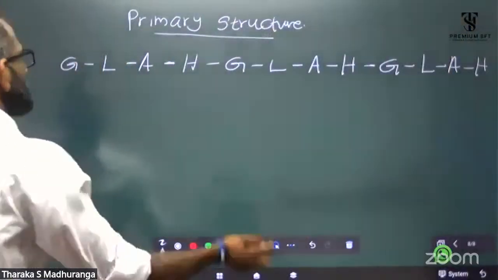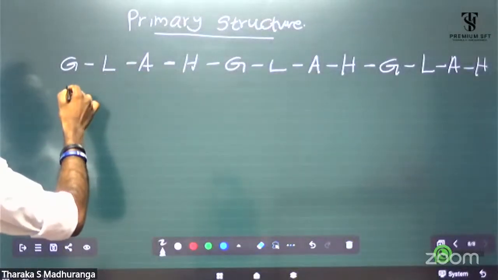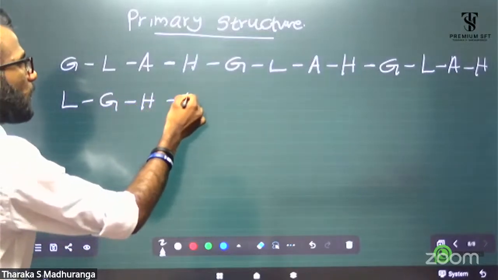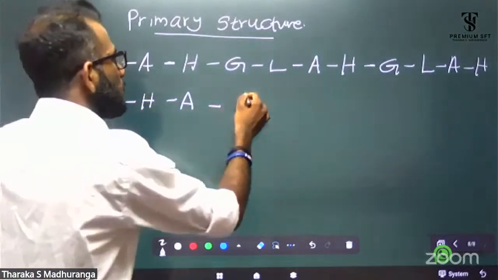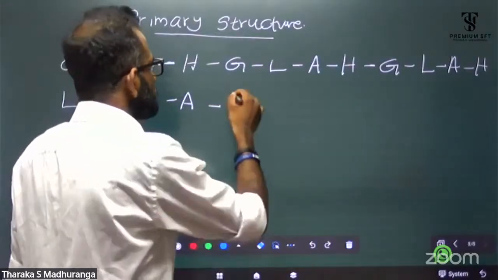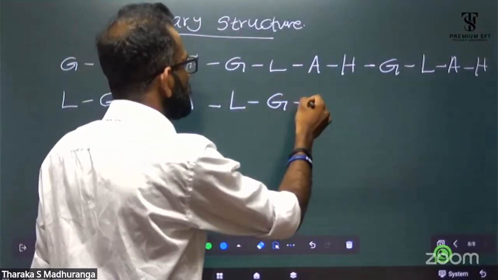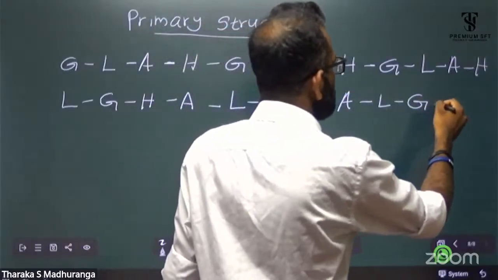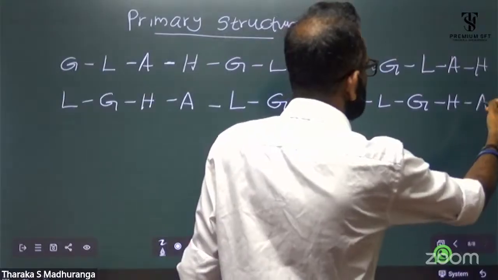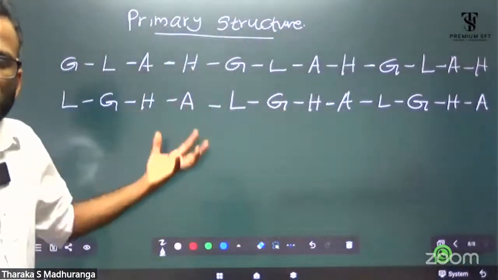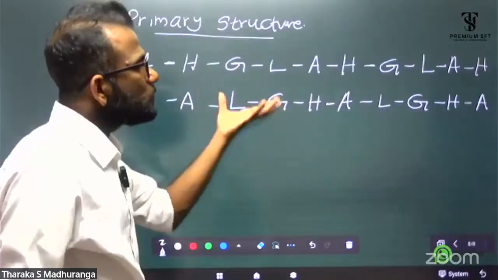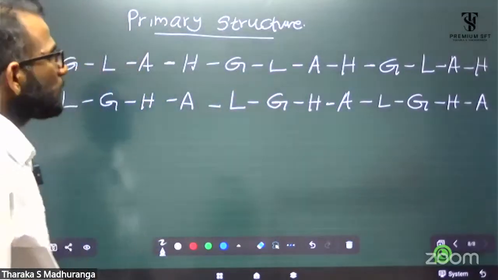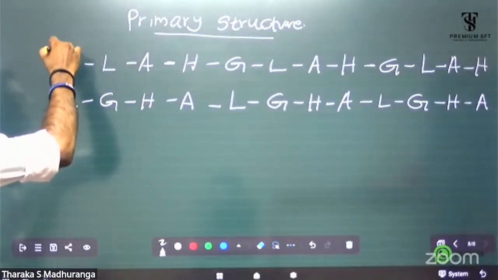Think there is another protein with the same 4 amino acids, but in the order lysine, glycine, histidine, isoleucine, repeated. Are the two proteins the same or different?